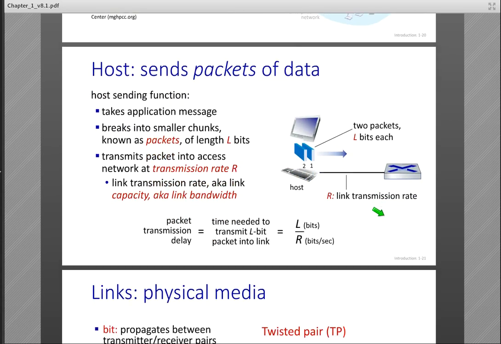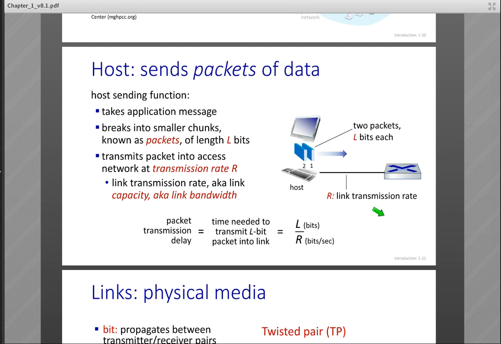Okay. The second topic is that in computer networks, when a host sends information, a message is created by the application layer. This message should be sent over the network, okay? But before transmission, in the host, the message is broken into small chunks.